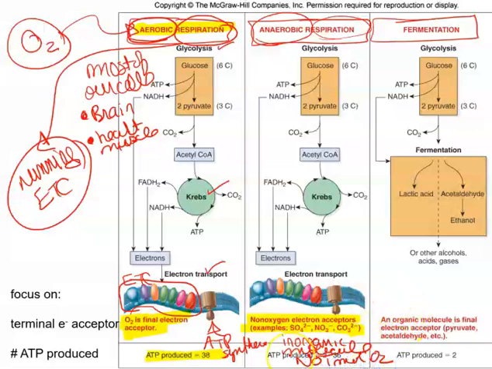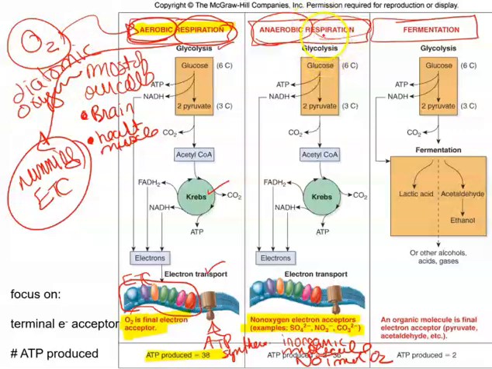Don't say just oxygen because it's ambiguous. What do you mean oxygen? Oxygen the gas? Oxygen the element? No, molecular oxygen or diatomic oxygen. Don't say oxygen. Try to be as precise as you can.